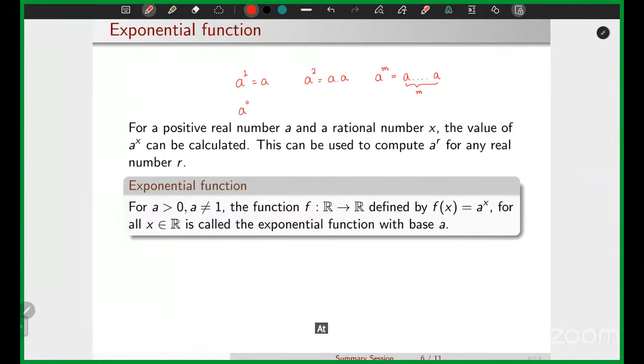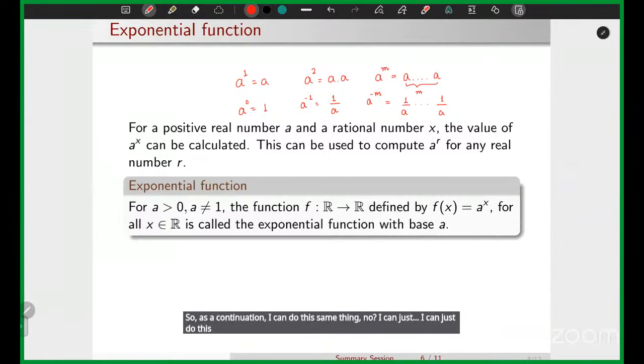At the same time, you know what it is for 0, and for negative powers, a to the minus 1 is 1 by a. So as a continuation, I can do this same thing. So we know what it means to say a to the m when m is an integer.